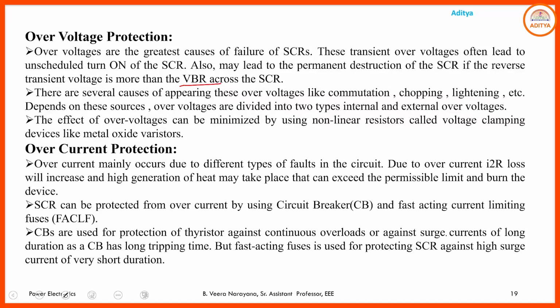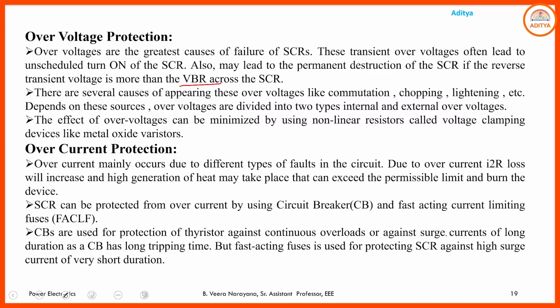And if you go through the overcurrent protection, overcurrent mainly occurs due to different types of faults in the circuit. Due to this overcurrent, the I square R losses will be increased and produce a high heating effect that exceeds the permissible limit and burns the SCR.